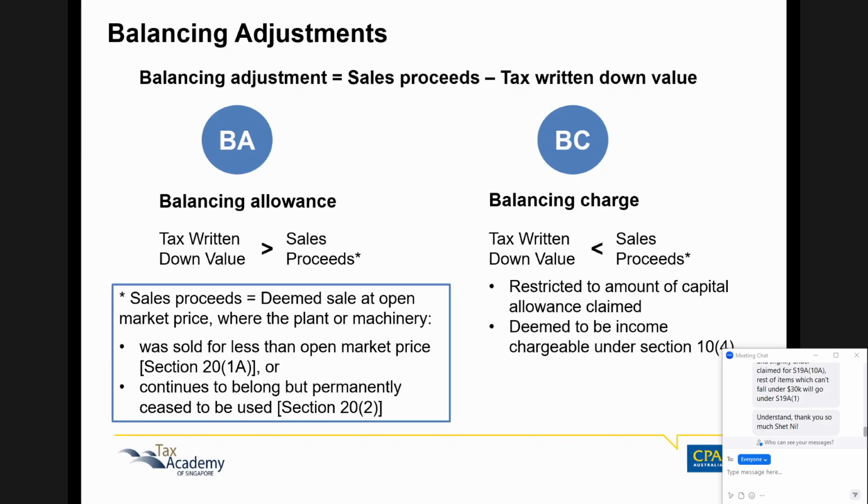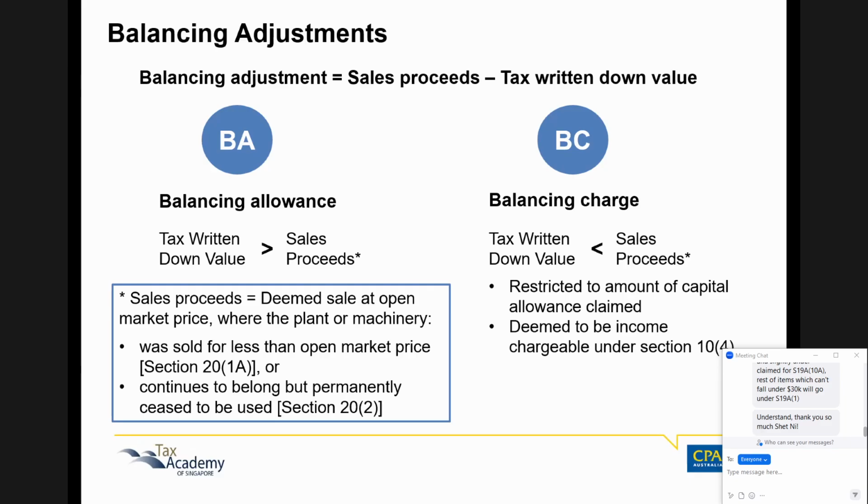Just now when I went through the computation of the CA, I talked about tax written down value. If the tax written down value, meaning whatever CA you have not claimed, is more than the sales proceeds, then there's a balancing allowance.